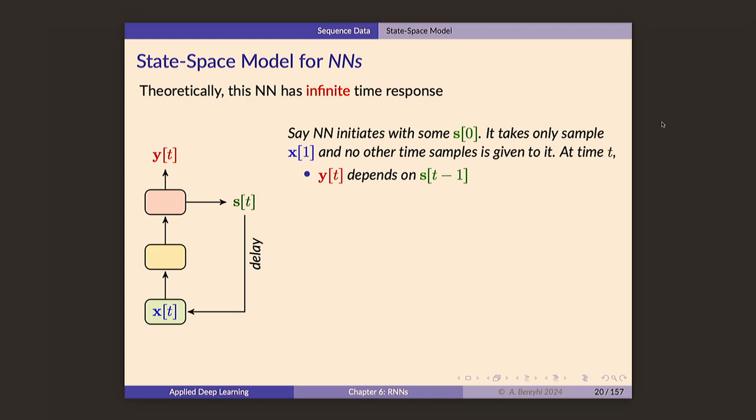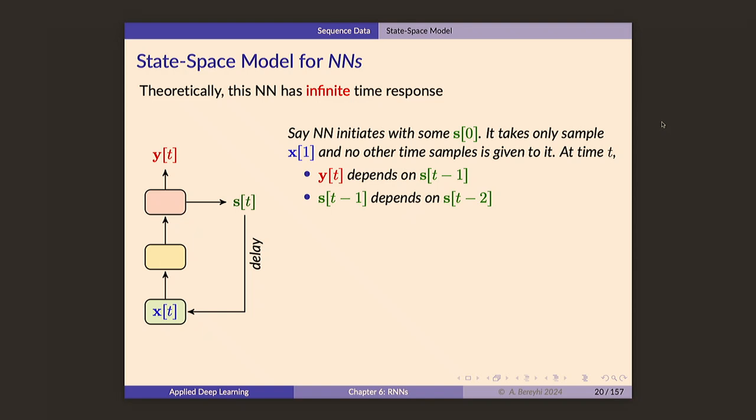Now, what about st minus 1? It was the output in the previous time, with yt minus 1. They both came in the previous time frame. And st minus 1 was depending on xt minus 1 and st minus 2, correct? But xt minus 1 was again 0, so it was depending only on st minus 2.